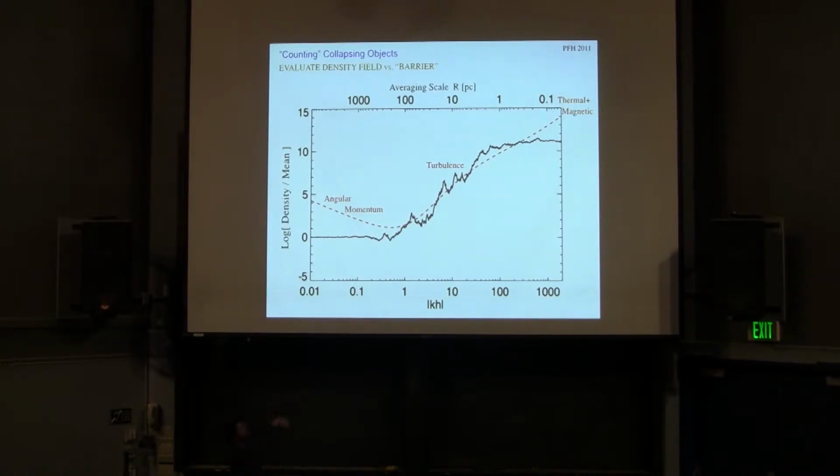So it starts rising here. On intermediate scales, turbulence dominates. And on very small scales, thermal and magnetic pressure dominate. All right? And that's basically the threshold that any random point in space would have to broach to be self-gravitating.